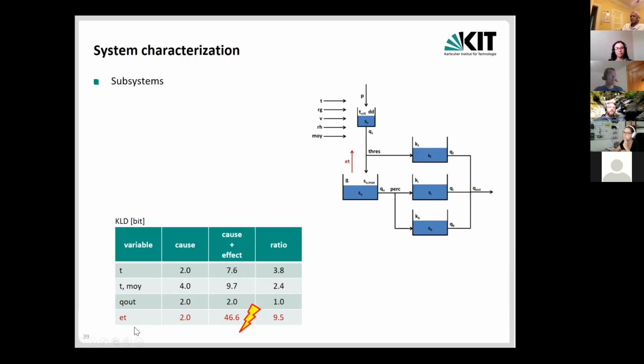And here you can see when I changed evapotranspiration, the cause was still only 2 bits, but the effect, the change of all the other variables, was huge. So it seems quite a tricky variable, which also means it may be good to measure this property.